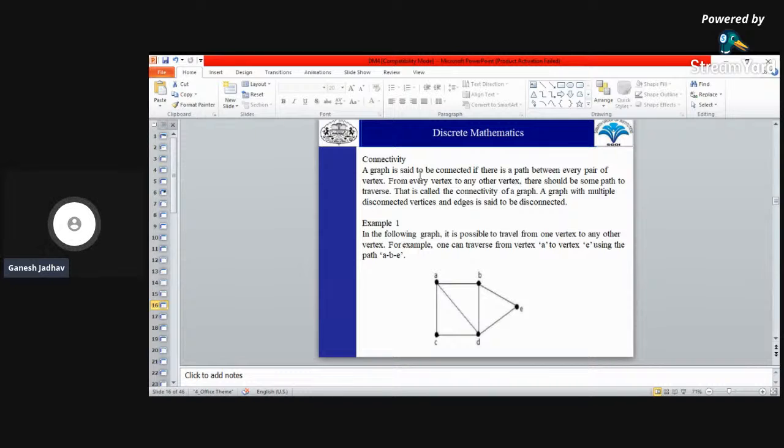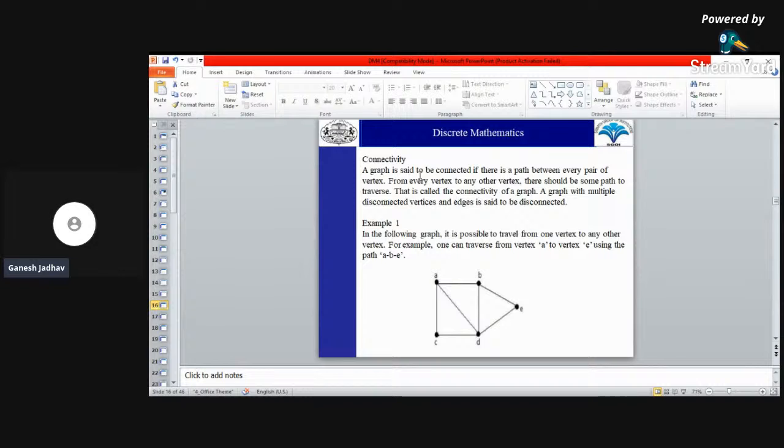It should be some path of traversal. This is also called the connectivity of the graph. A graph with multiple disconnected vertices and edges is said to be disconnected. So connectivity means only the connection between two vertices.